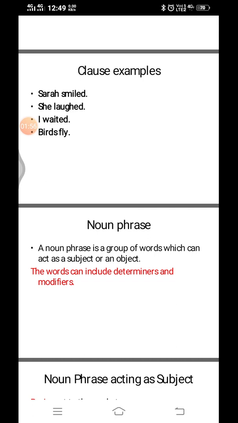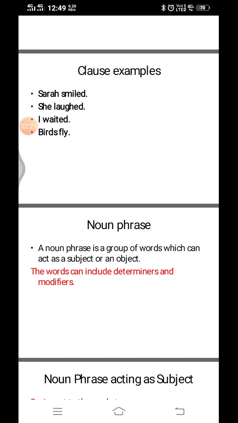Similarly, if we talk about she laughed, it makes sense. I waited, I is a subject, waited is a verb. Birds is a subject, fly is a verb. So a clause has a subject and a verb as well. So that is the basic difference. In a phrase, sometimes it has a noun, it doesn't have a verb, sometimes it is just a group of words.